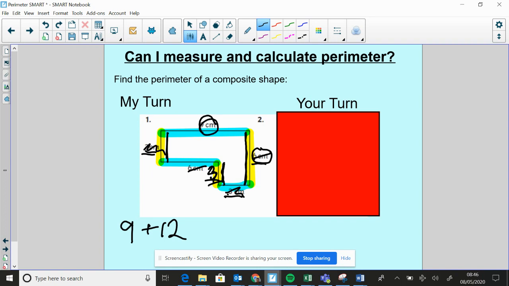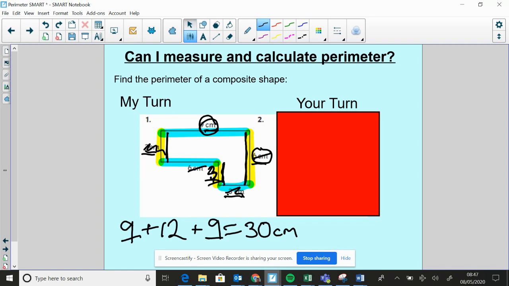And then I've got the 9 there on its own. Okay, next I'm going to do 9 and 9 is 18 in my head, plus 12, 30. And the units, again, I need to check the units. There we have it. So the perimeter of this composite shape is 30.